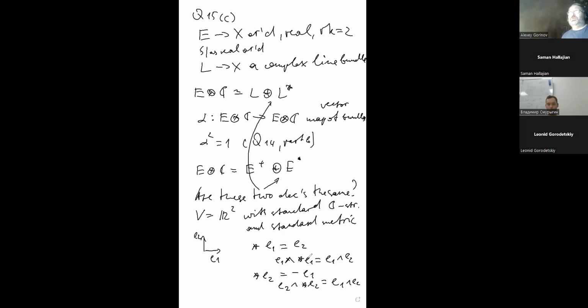That's what we're trying to find out. We want to prove or disprove that these two decompositions are the same. So we're not finished yet, right? Not yet, but we've started. We took the standard basis E1, E2 and calculated the star. Okay, calculation of star, I understand.